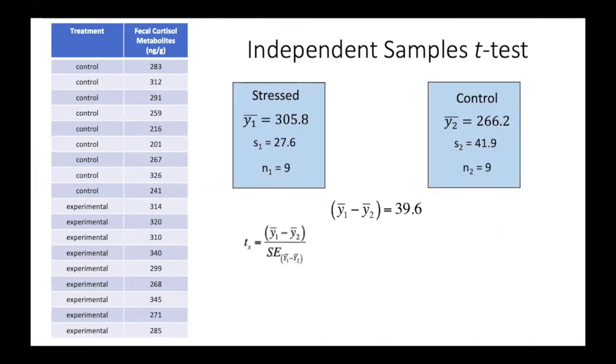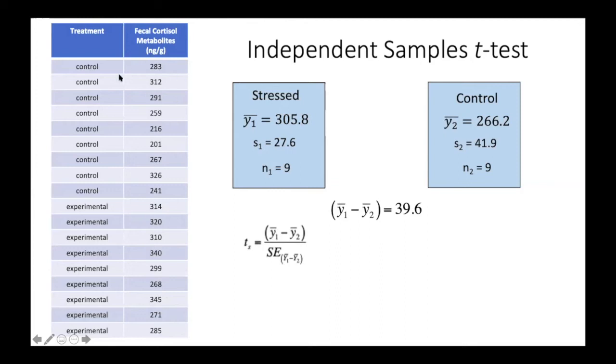So let's take a look at the actual numbers then in these hypothetical data. In the experimental sample then of squirrels that were exposed to playbacks of conspecifics, we have a sample mean of 305.8 nanograms per gram and a sample standard deviation of 27.6, and the sample size in this sample is 9.